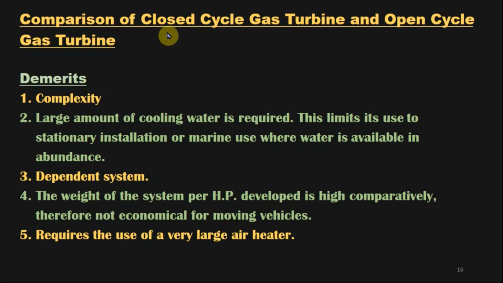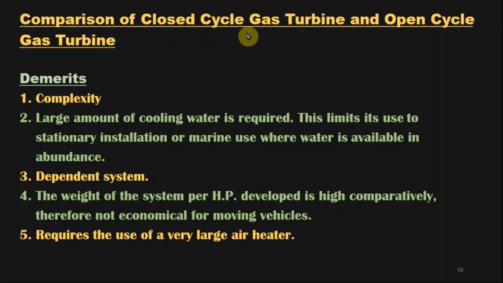Suitable working fluid can be chosen for closed cycle gas turbine. So that means if you have working substances which have suitable properties, they can be used for closed cycle gas turbine, just like helium or helium carbon dioxide mixture. They have suitable properties for this gas turbine application.